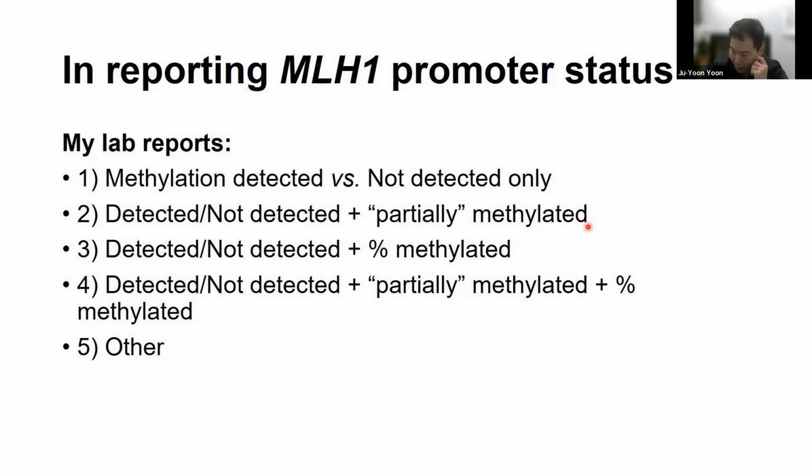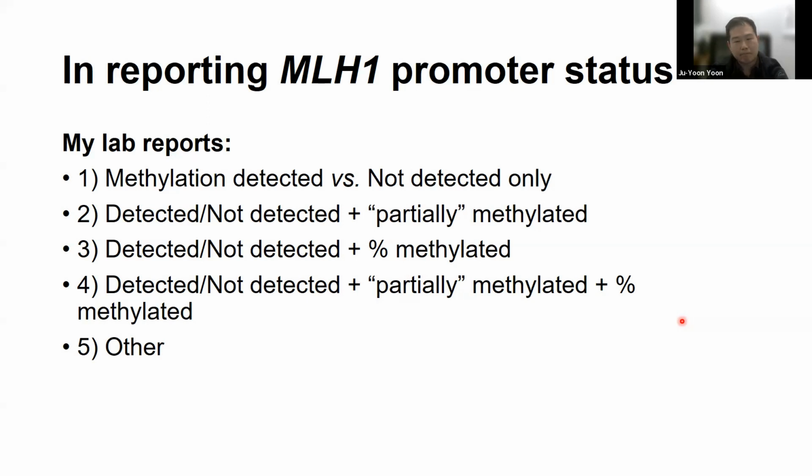When we talk about MGMT methylation, certainly the weakly methylated, I guess some people call it partially methylated, is probably a little different than fully methylated, and it is kind of helpful knowing that.